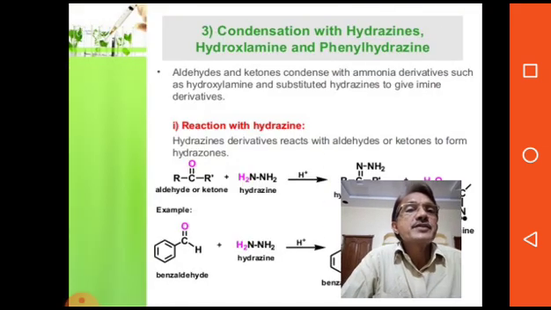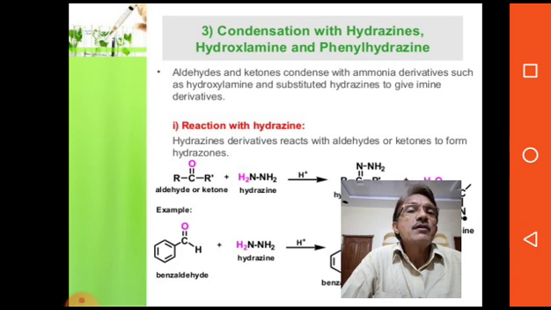Condensation with hydrazines, hydroxylamine and phenylhydrazine. See, hydrazine, that is N2H4 or NH2-NH2. Hydroxylamine, NH2-OH. Phenylhydrazine, C6H5NH-NH2.